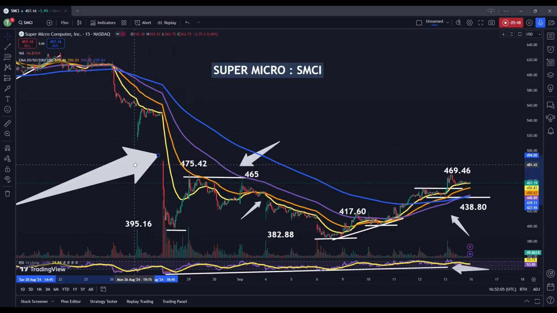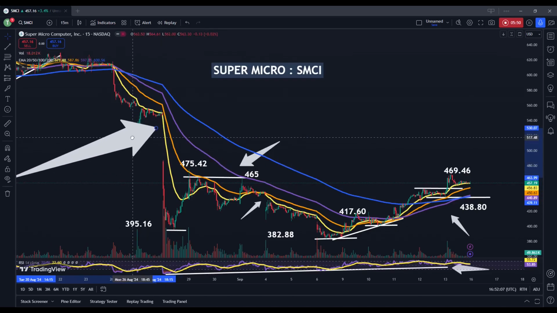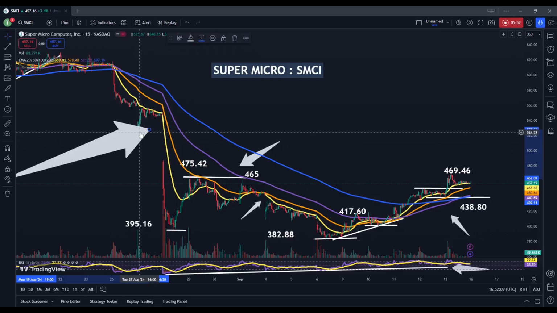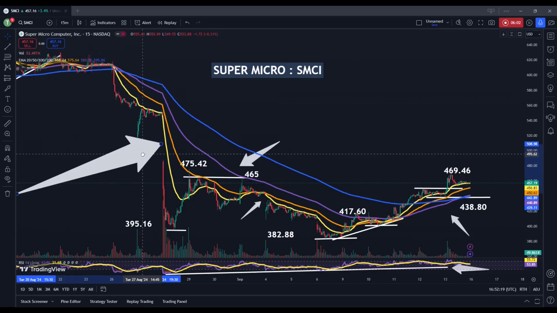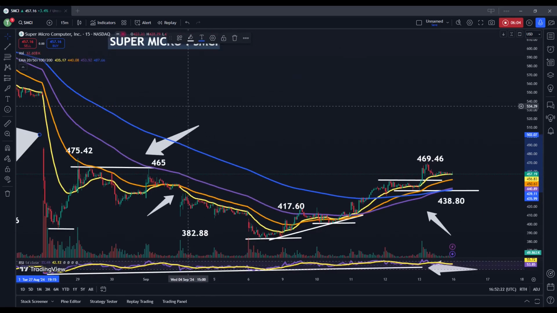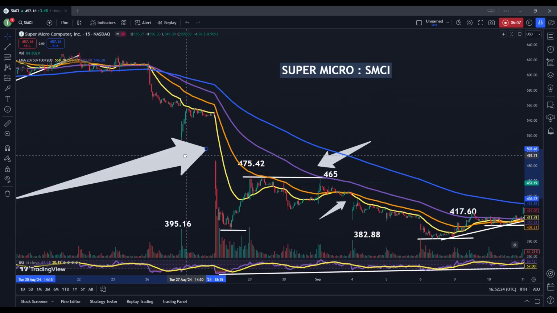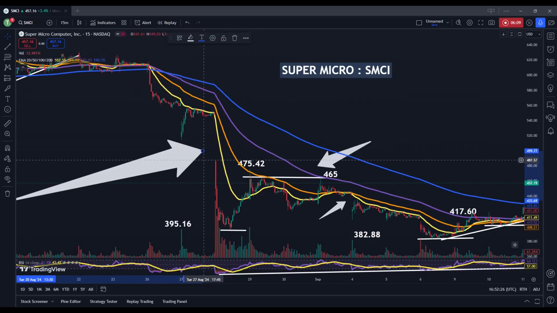So if we were to see a break above there, you really could see some added momentum generated for this stock, because the top of that price gap really isn't seen until we reach back above $545. So that's a lot of share price movement that might not be really apparent on the price chart itself, but in dollar terms, that's a fair amount of distance that can be seen here.